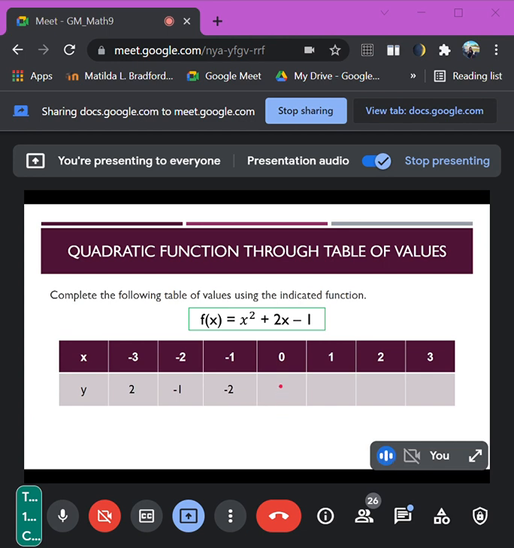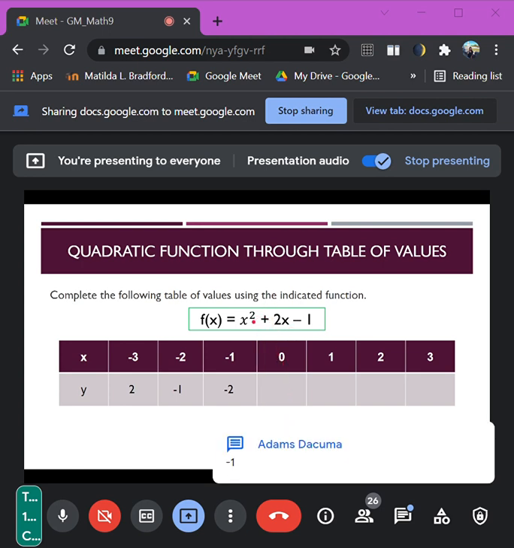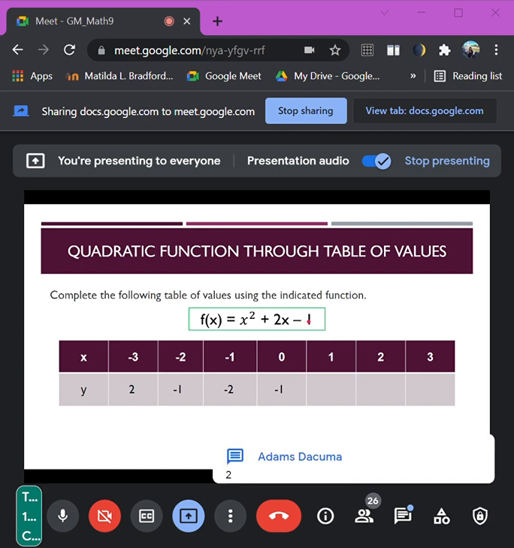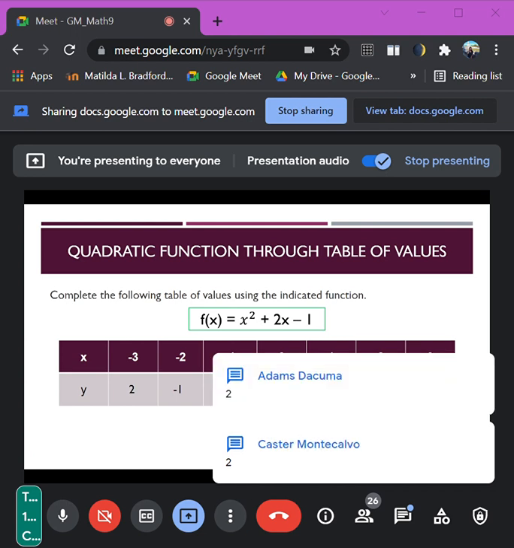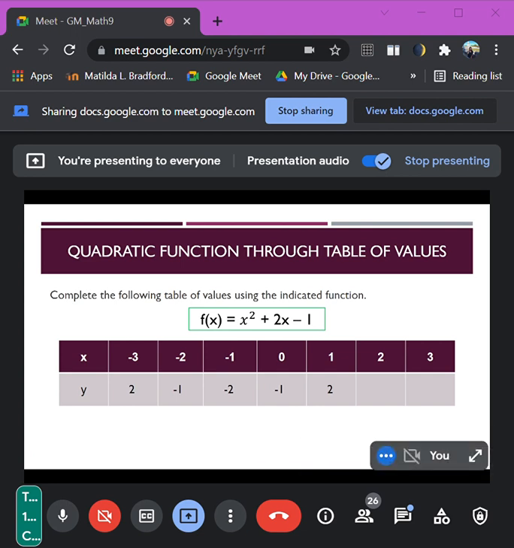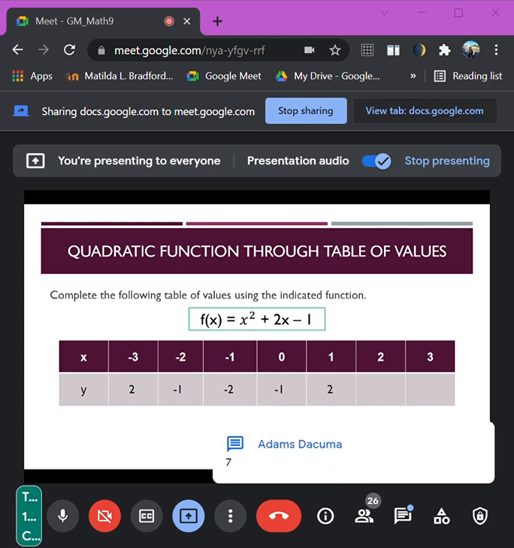How about 0, class? What if 0? Negative 1, sir. Okay, negative 1. Since x is 0, the remaining is minus 1. How about if 1? 1 squared plus 2 times 1 minus 1. That is 2. How about if 2? 2 squared, 4. Plus 2 times 2, that is 4, so 8 minus 1, that is 7.